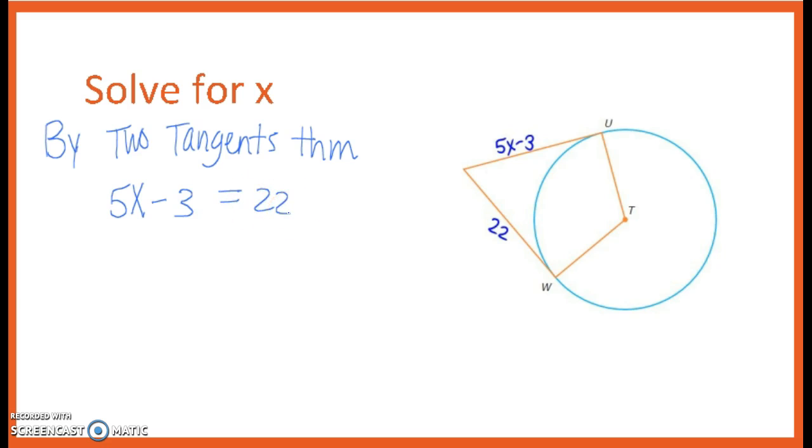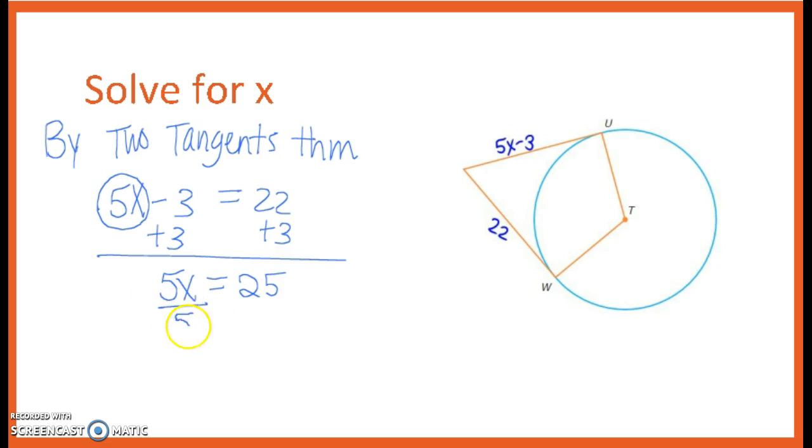So to solve for x, we have to get the 5x by itself first. So we do the opposite of subtracting 3. We add 3 to both sides. That gives us 5x is equal to 25. And our last step is to divide both sides by 5. So that tells us x is equal to 5.